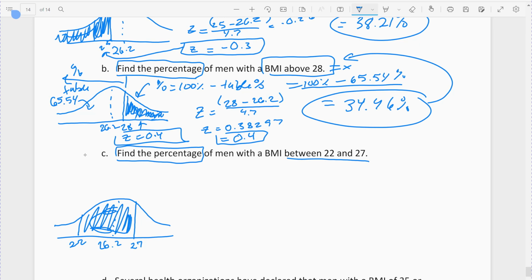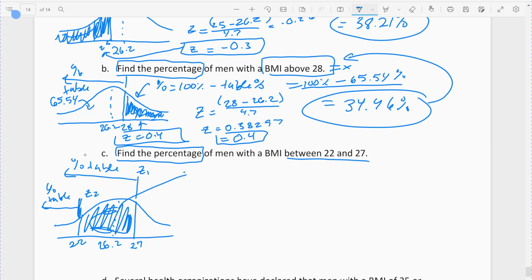So there are going to be two z-scores. There's the z-score that goes with the 27. That would be z-score 1. So that's the percent from the table from z-score 1. And then there's the 22. Alright, so z-score 2 and the percent from my table.